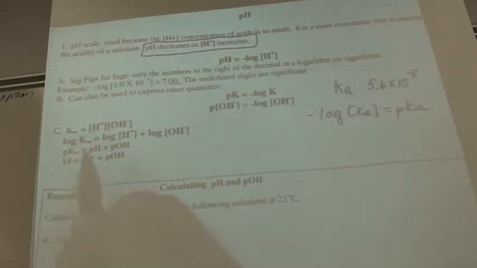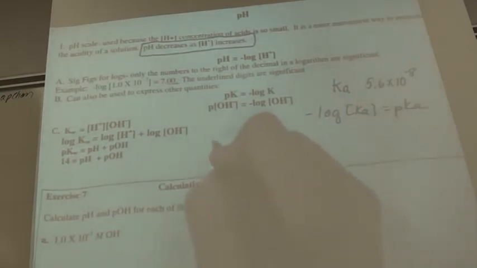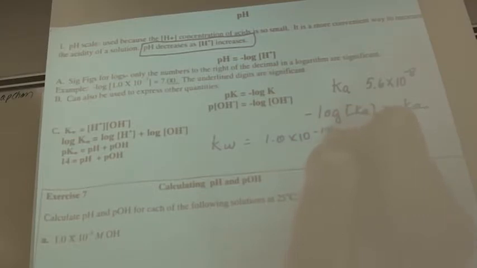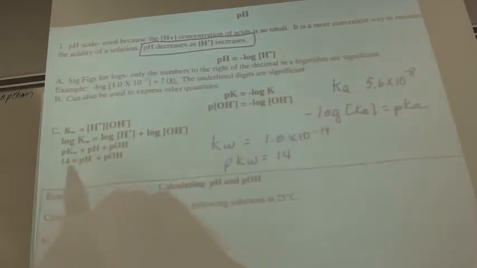Therefore, pKw is equal to pH plus pOH. Kw is always 1.0 times 10 to the negative 14. If I take the negative log of this, pKw is equal to 14. Therefore, pH plus pOH must always add up to 14. What is the p? It's the negative log of. That's a reminder to you, it's the negative log.